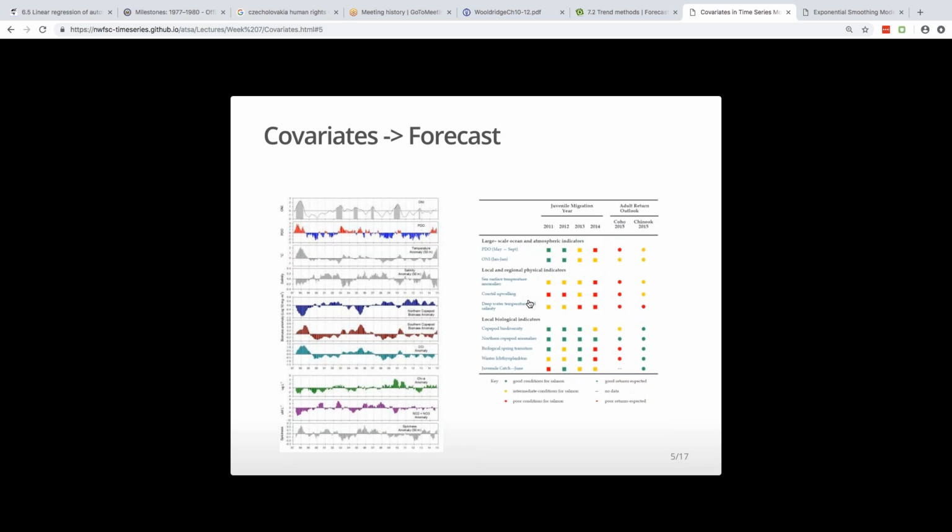So chlorophyll A anomalies, southern copepod biomass, northern copepod biomass, a whole series of things, temperature, using a suite of covariates that are related to salmon biology in the ocean. Yeah, this is all ocean survival stuff. And then using that to come up with these forecasts for future years.